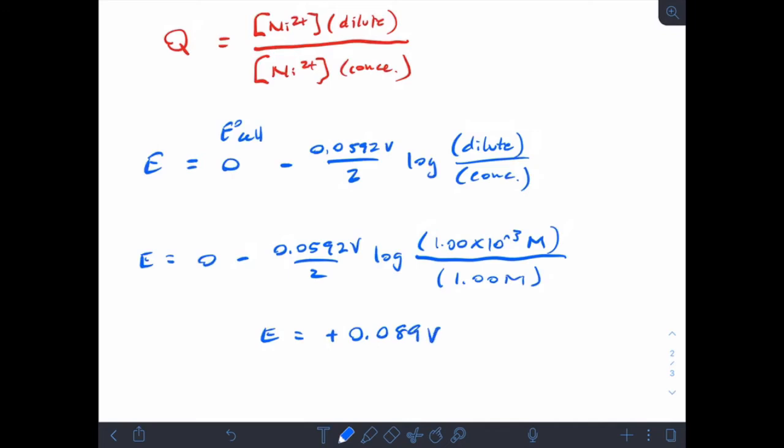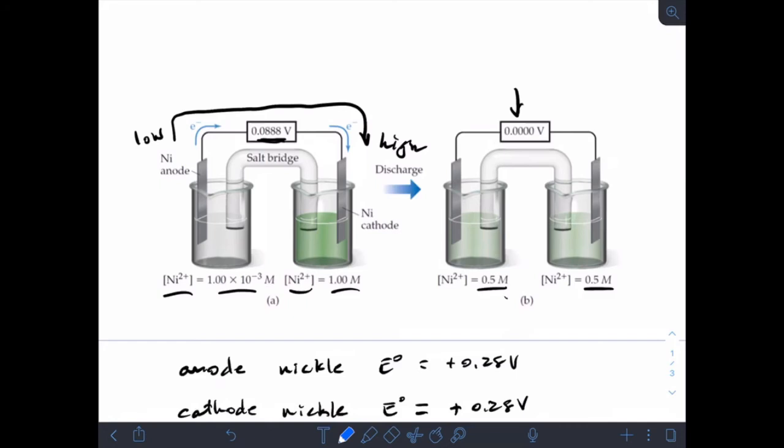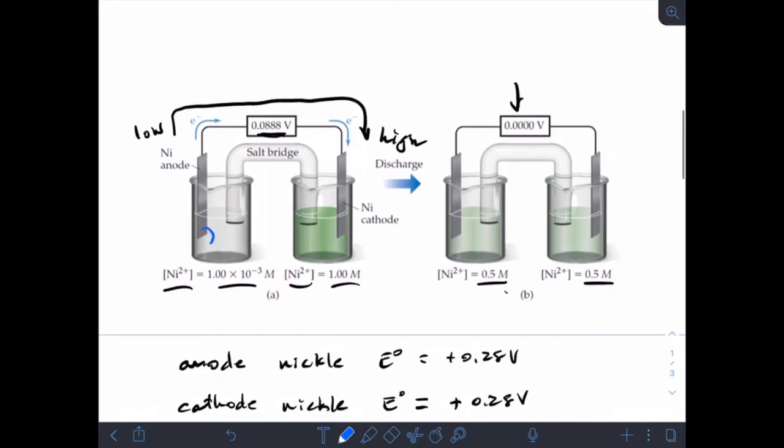Okay, and then remember, the cell will continue to run until the concentrations end up the same on both sides. As the oxidation side does its thing, the nickel solid becomes nickel 2 plus. So as my cell runs, my nickel solid comes off into solution as nickel 2 plus, and we get more nickel 2 plus on the left at the anode side.